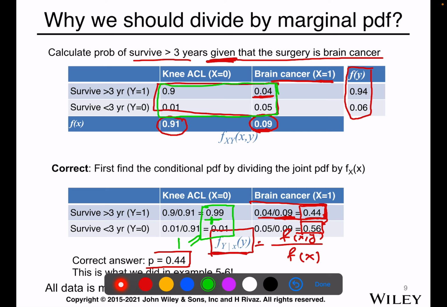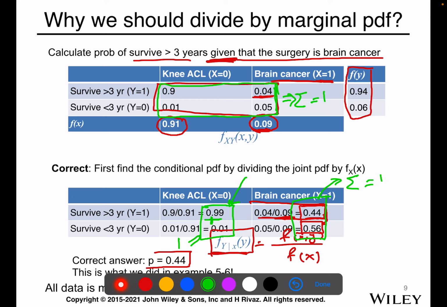So if I calculate the sigma of these four numbers, I get 1. But when I calculate the conditional probabilities, the summation of each column is 1. The summation of this column is 1, this column also, and this column also.